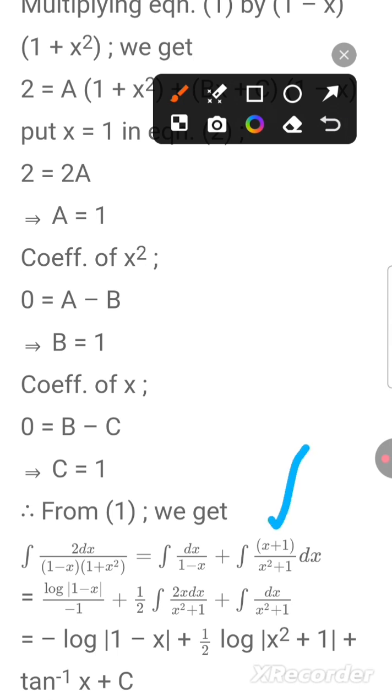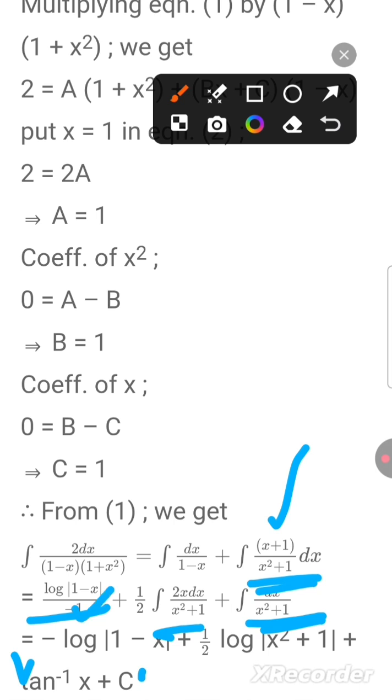So we are getting this part, dx upon 1 minus x, whose integration will be this one, log of mod 1 minus x upon minus 1, and this part can be written this way, 2x by x square plus 1 dx, and dx by 1 plus x square, and the integration of this part is tan inverse of x.